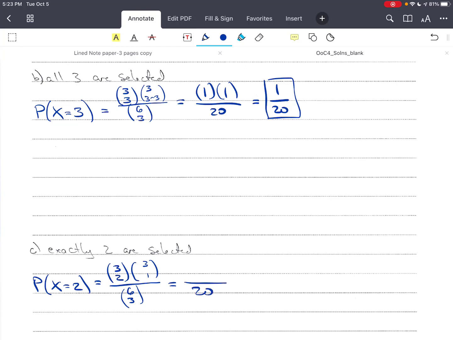And now we have 3 choose 2, that's going to be 3. And 3 choose 1, that's going to be 3. And so we have 9 over 20, which is a 0.45 probability. So a 45% chance that exactly 2 are selected. And again, that's not a very good grade if you don't know the other questions. All right.